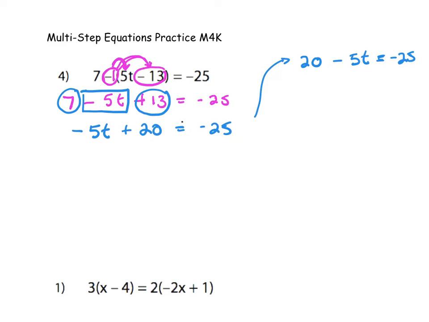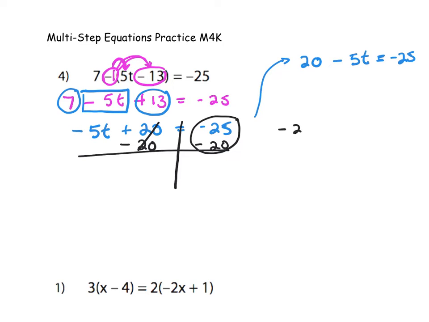Now I'm to my solving step. I have a 2-step equation, meaning I have a constant to eliminate and I have a coefficient, and we always start with a constant. So I see plus 20, so I'm going to take away 20 on both sides. So it eliminates here. However, sometimes this is problematic. So there are 2 ways you can handle it.